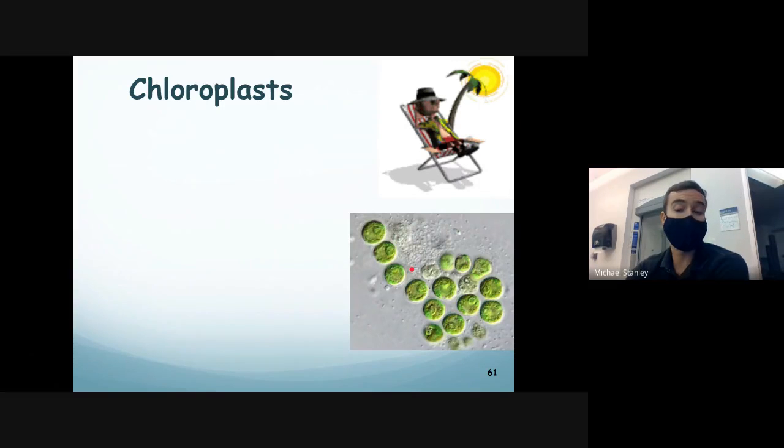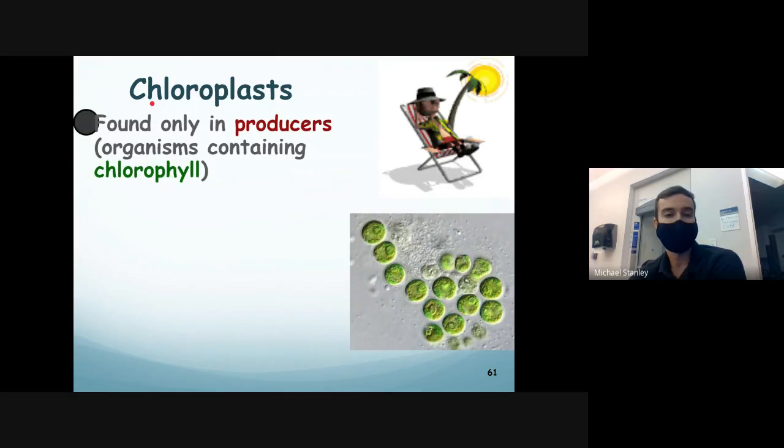Let's see. One of the last organelles we're going to talk about, and one of the biggest differences between plant and animal cells, are chloroplasts. We've talked about how cell walls give plant cells protection and stability, and vacuoles help plant cells store material, but chloroplasts are really what make plant cells plant cells.